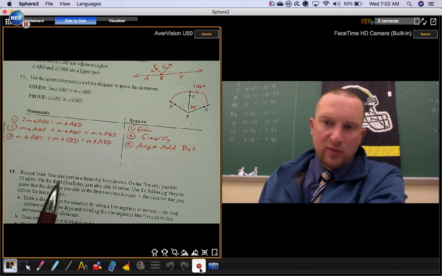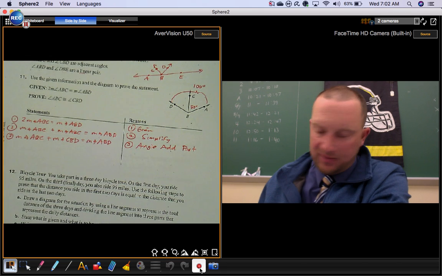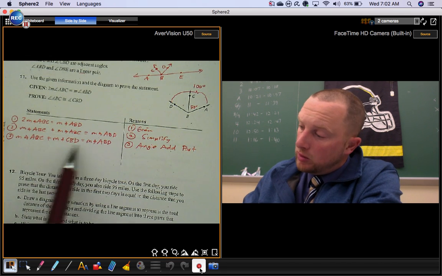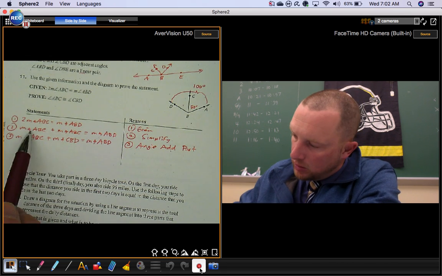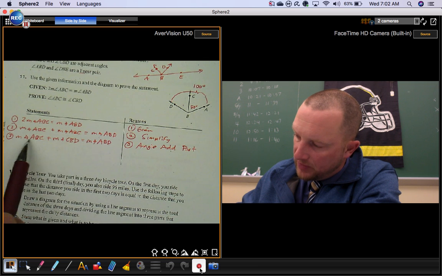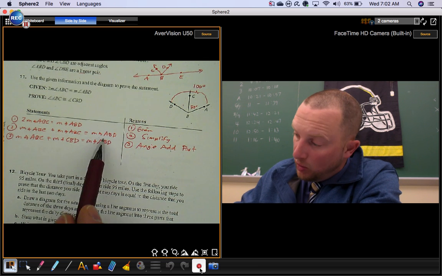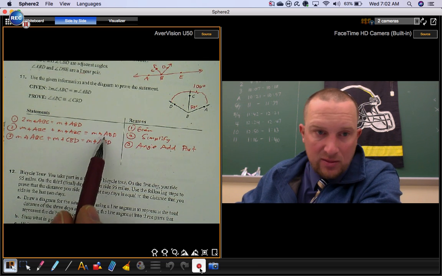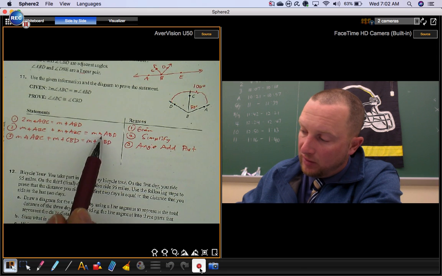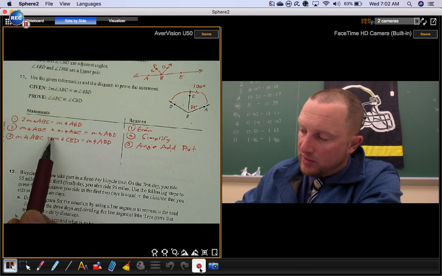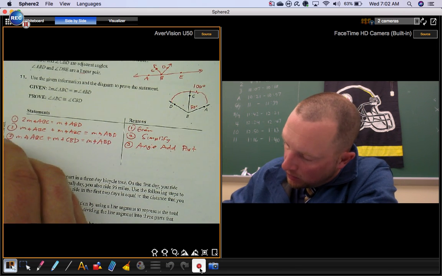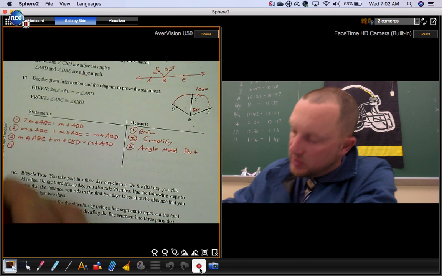Now, you have the information right now to kind of go at this thing. You just need to recognize that we have this thing and this thing, and they both equal this thing. If you have 2 things that equal the same thing, what do you know about these 2 things? They're going to be the same as each other.